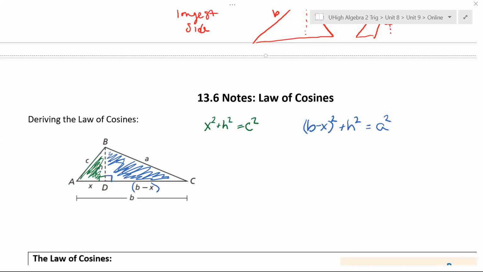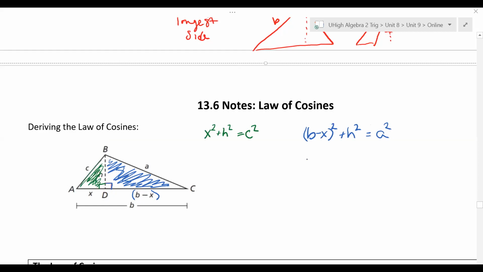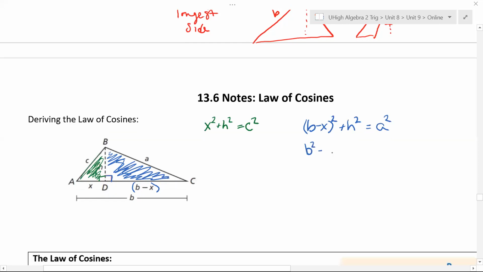First I want to simplify this right one here. I'm going to expand this squared term. So I have b squared minus 2bx plus x squared, and then plus h squared equals a squared.